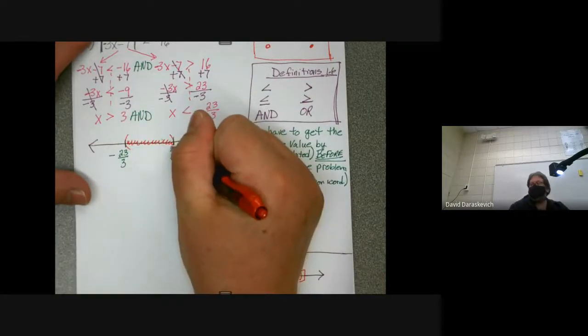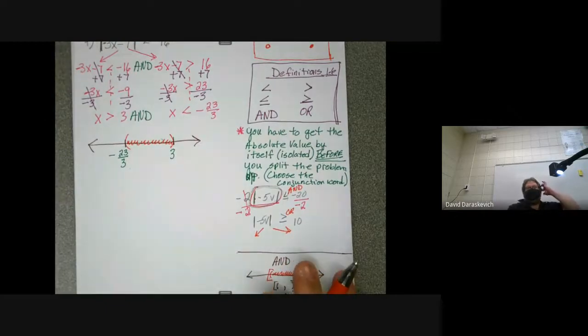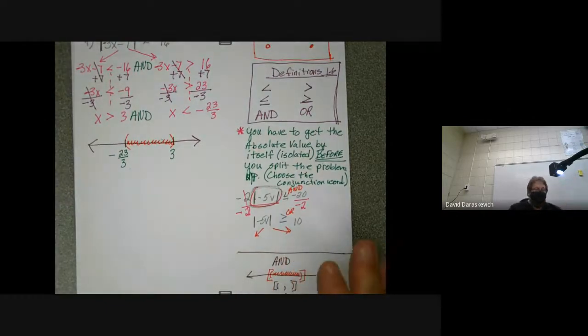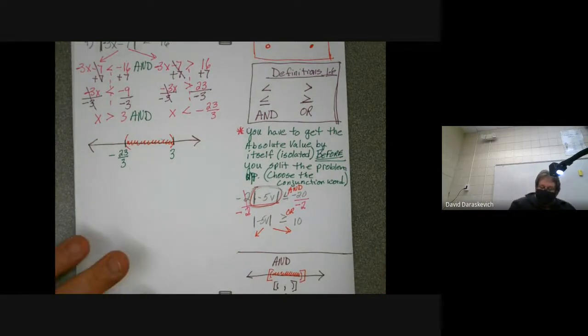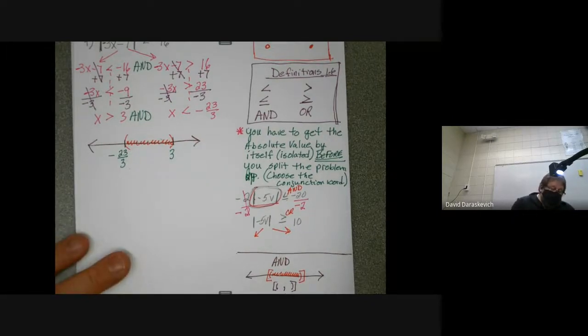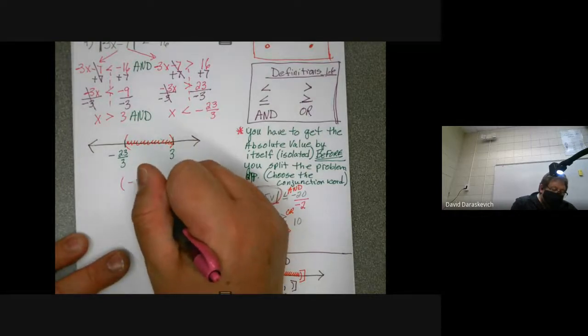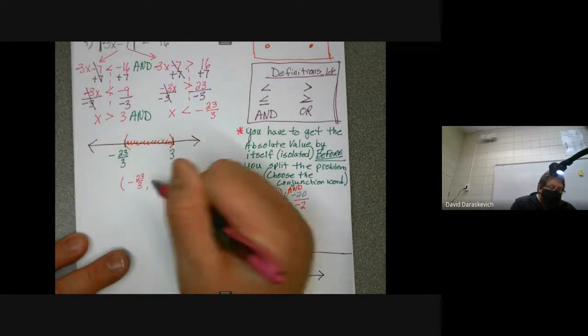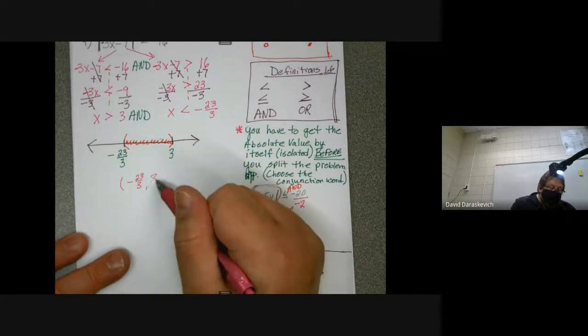Now, this is why I don't like this particular problem or these little tricks that this book throws on you guys. Normally, you would just go here and say, "Oh, okay, interval notation. I have parenthesis -23/3, comma 3, and another parenthesis.